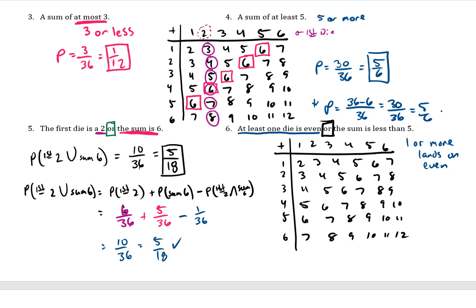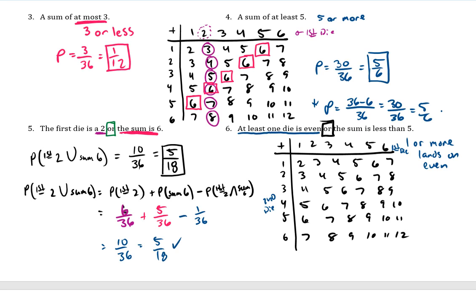This here is my first die, and this here is my second die. So at least one of them lands even.